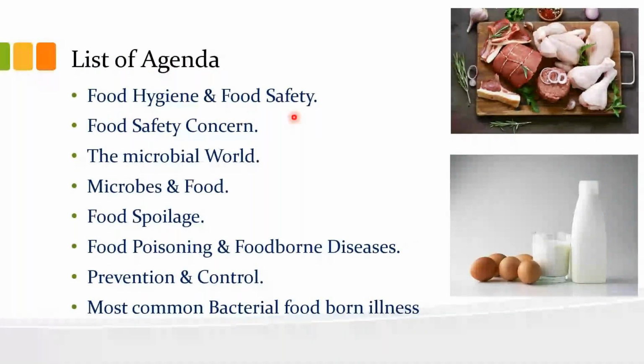Food safety concerns the microbial world. Does it help or not help with our food? Microbes and food, food spoilage, food poisoning and foodborne disease, prevention and control, and the most common bacterial foodborne illnesses.